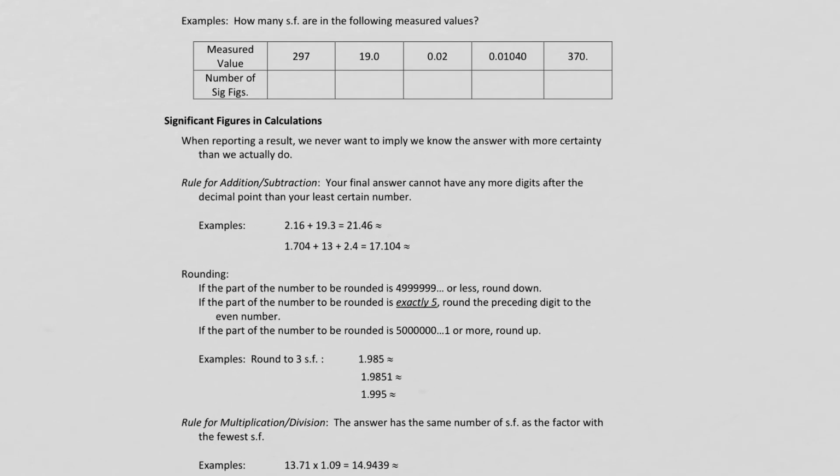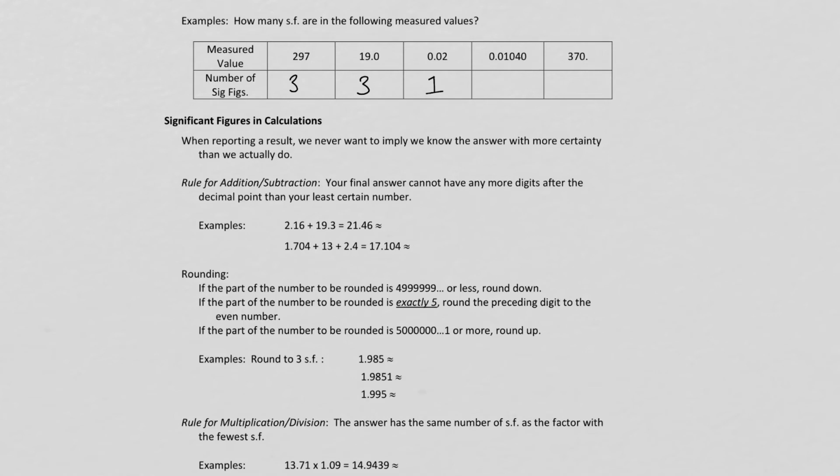In 297, none of those digits are 0. All non-zero digits are significant, so there are 3. In 19.0, the 0 is following the decimal place, or it's to the right of the non-zero digits, so there are 3 significant figures. In the next example, there is one non-zero digit, and both zeros are to the left of the non-zero digit, so they are just placeholders. There is 1 significant figure.